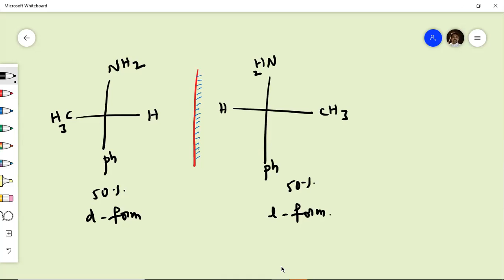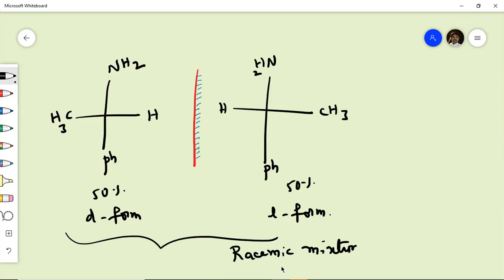L form. Got it? So what is a racemic mixture? An equimolar mixture of two optically active forms of a compound is called a racemic mixture. So this is nothing but a racemic mixture, and this mixture shows optical inactivity due to external compensation. What is external compensation? Both these forms neutralize the effect of one another.